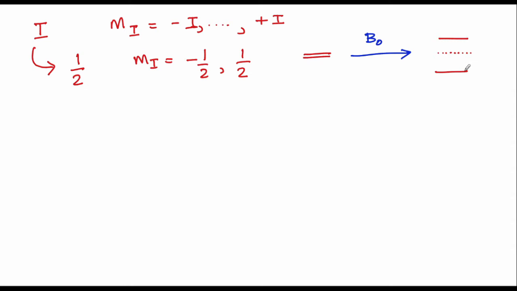This is largely because energy for a magnetic dipole is given by minus mu dot B, where mu is the magnetic dipole moment, which we just saw a moment back how it behaves for a nuclear spin, and B is the magnetic field that is applied.